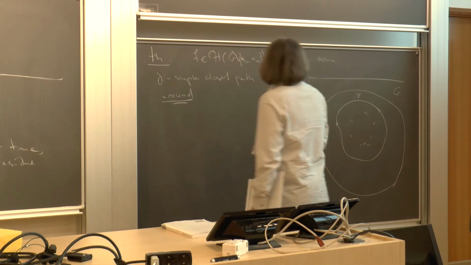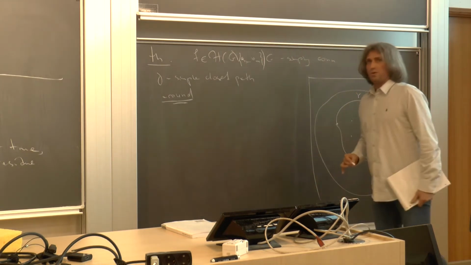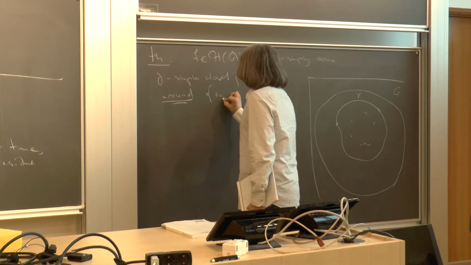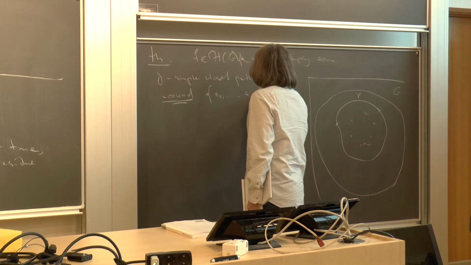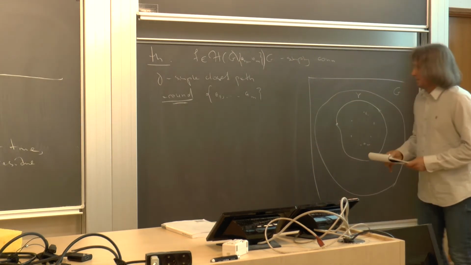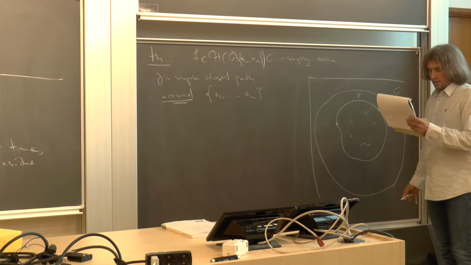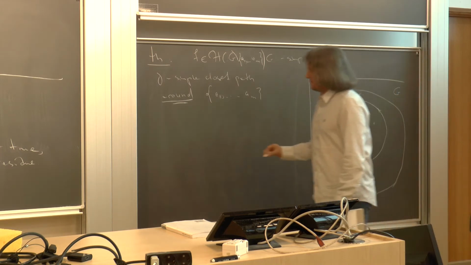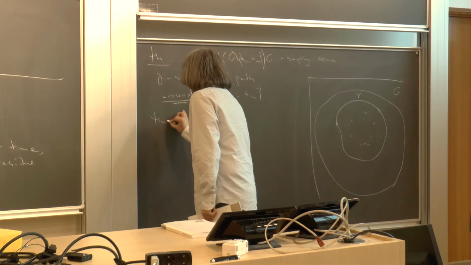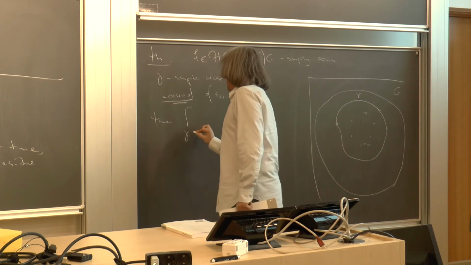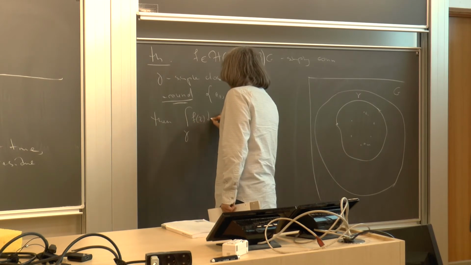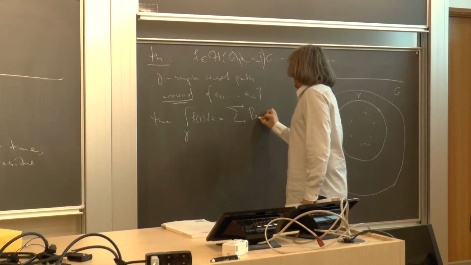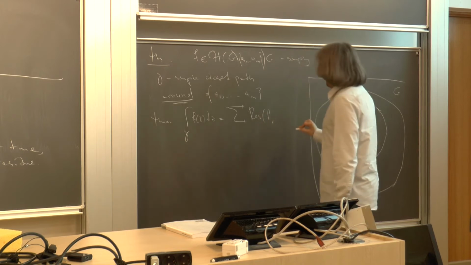This requires more formal knowledge than we have. Then we have what we would expect if there was only one point: the integral over this path of f of z dz equals just the sum of residues of f at each point.